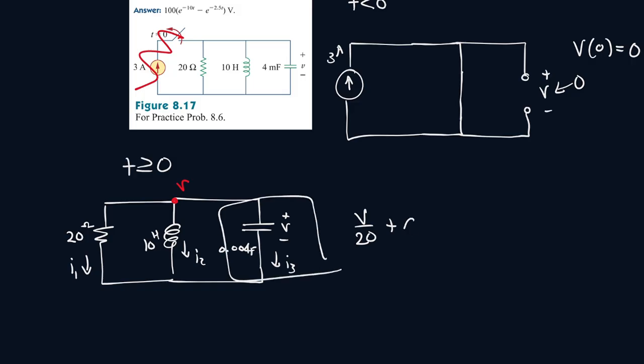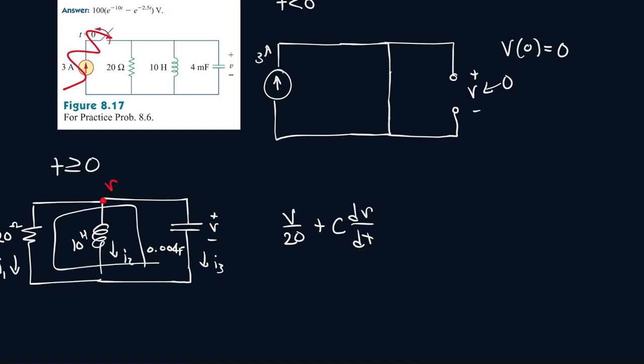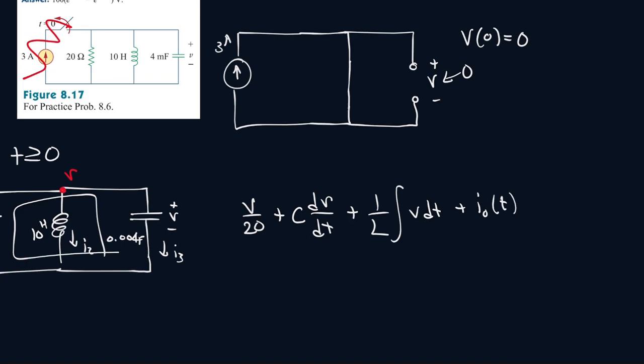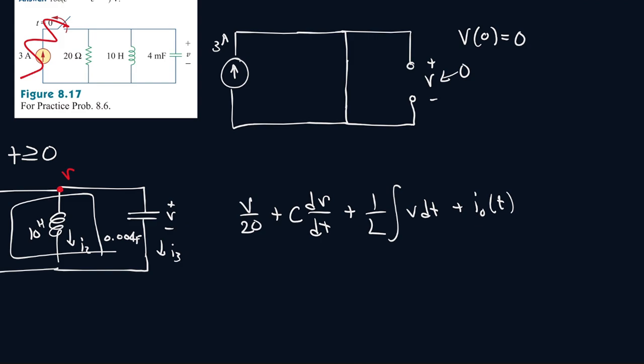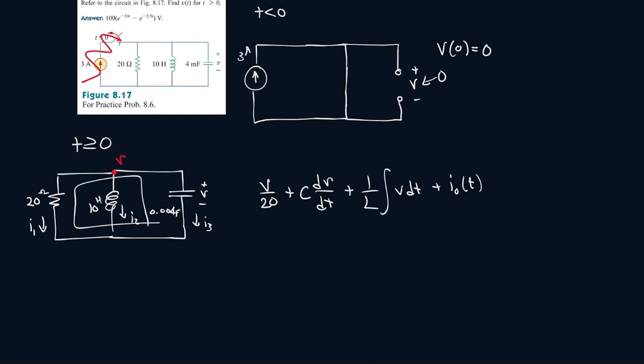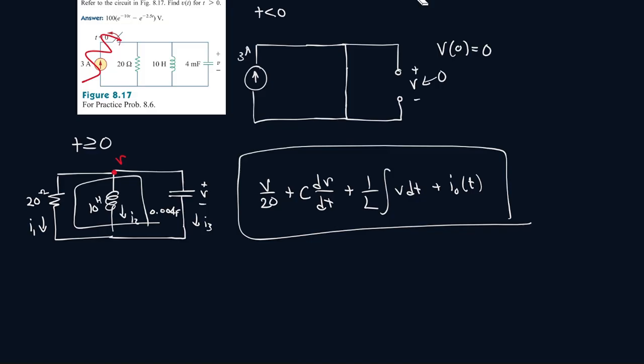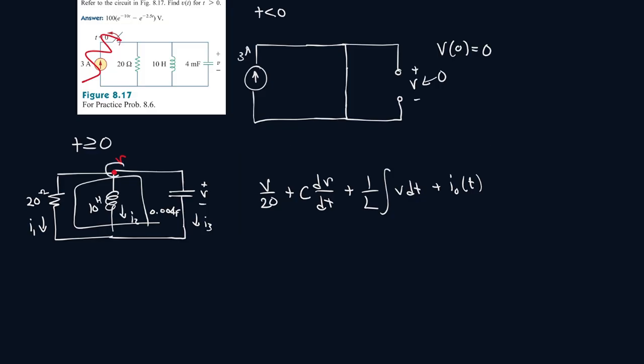This one is going to be the capacitance times the change in voltage over the change in time. And for this one, the current passing through here is going to be 1 over L times the integral of V dt plus I then at 0. So sorry, the initial current. Okay, so this is pretty much the node equation at this region.